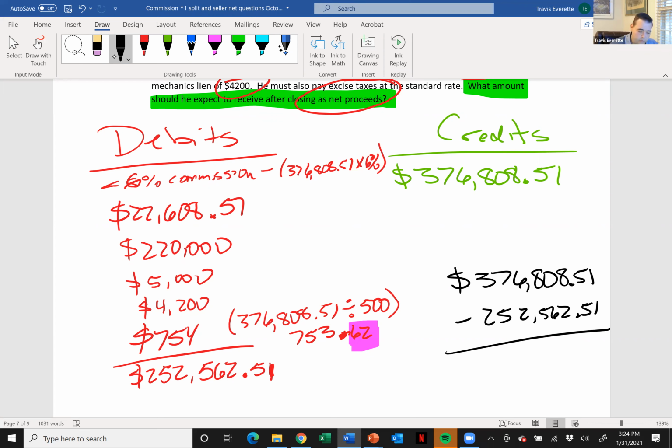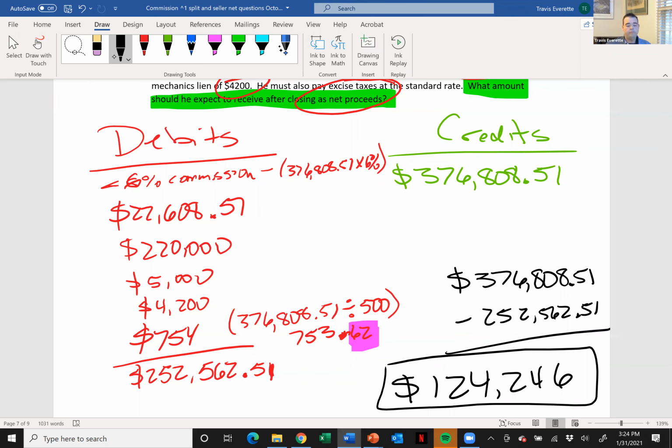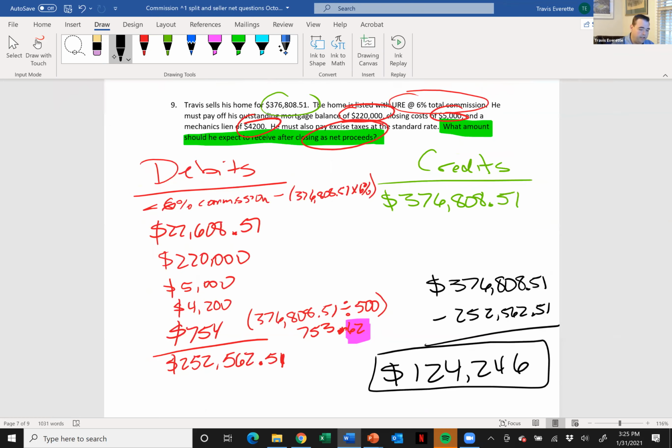I've got total net cash at closing of $124,246. Debits and credits equals the seller net.